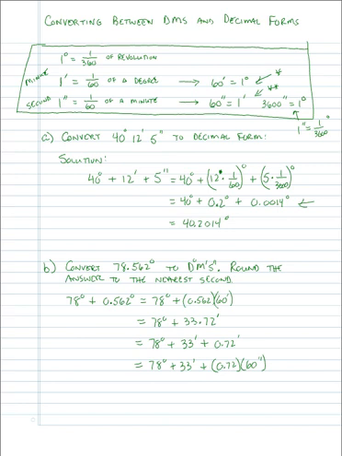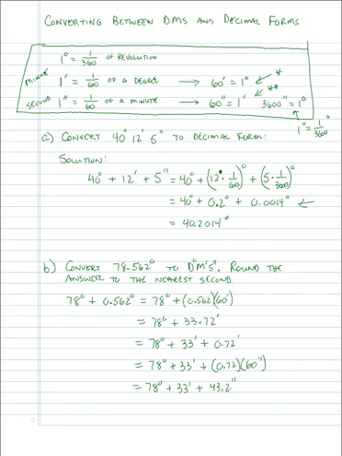And when we do that, we'll get 78 degrees plus 33 minutes, getting our calculator out, plus 43.2 seconds.